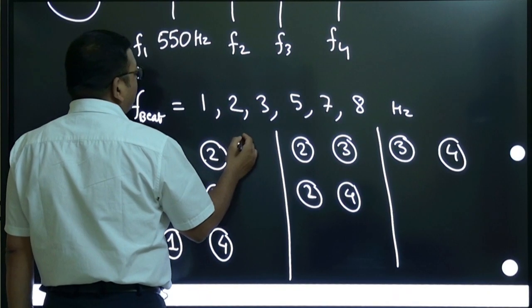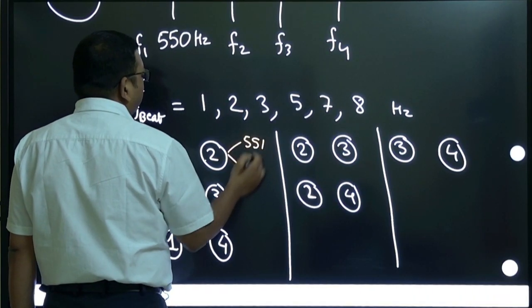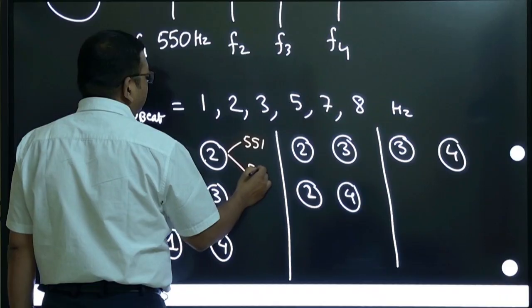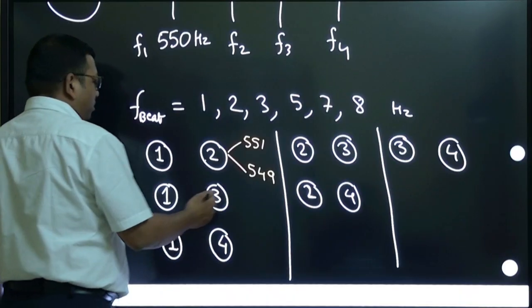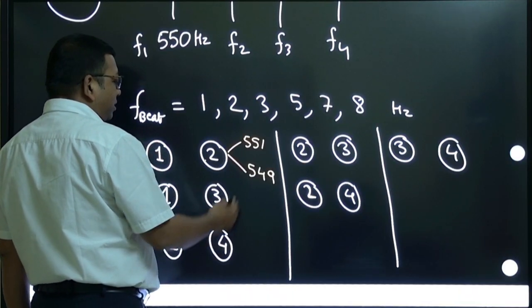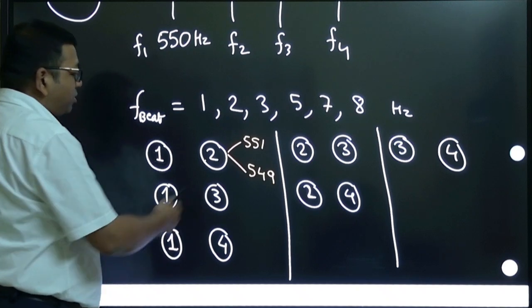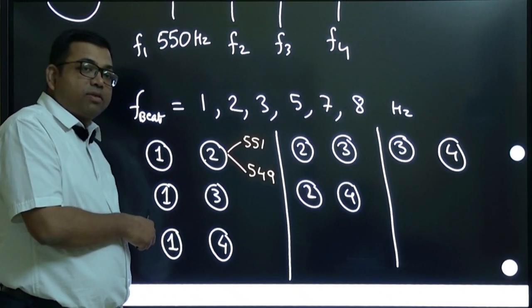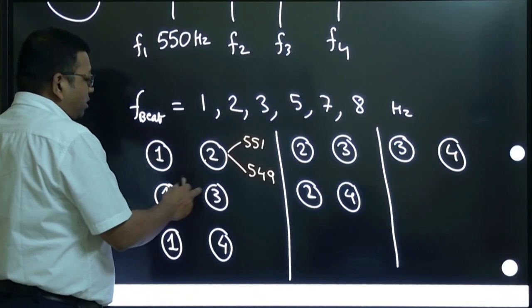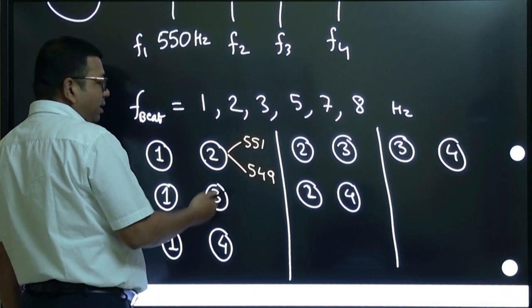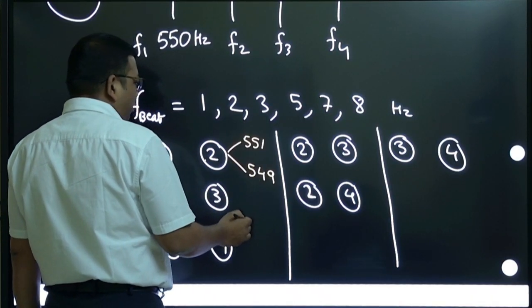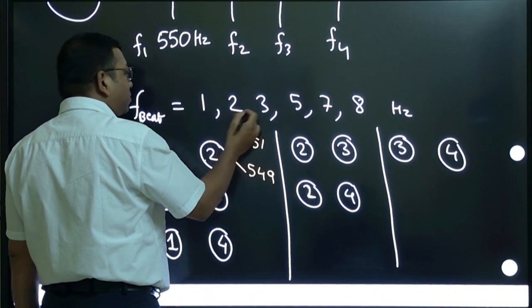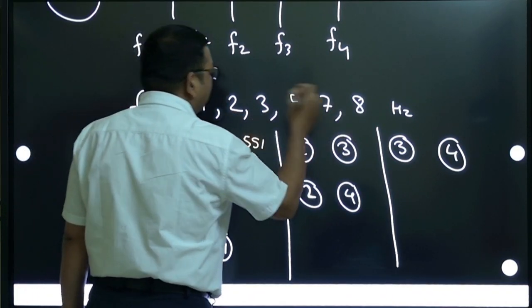So it can be either 551 or 549. Again for 3, all these will have the same possibilities because one frequency you know already. So these can be either greater or less by the difference. Similarly, the difference can be 2, 3, and all these.